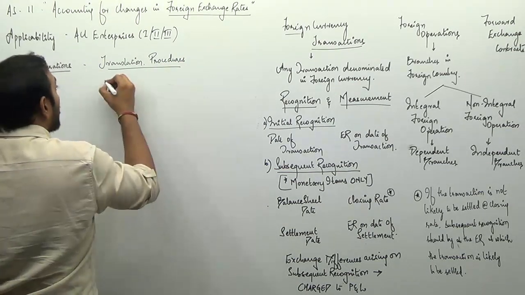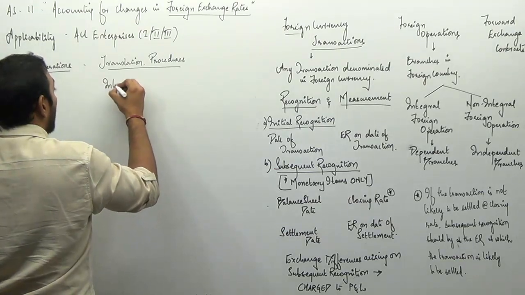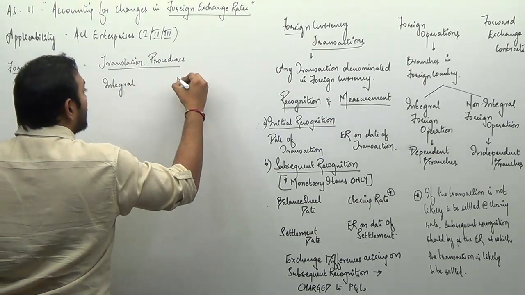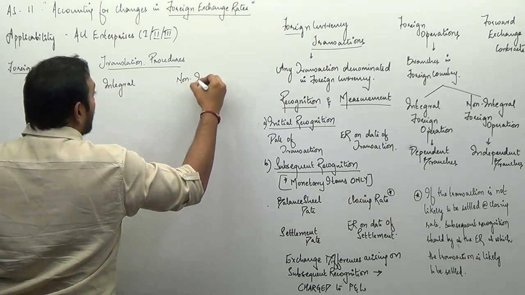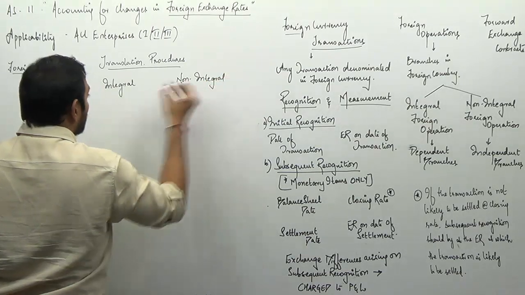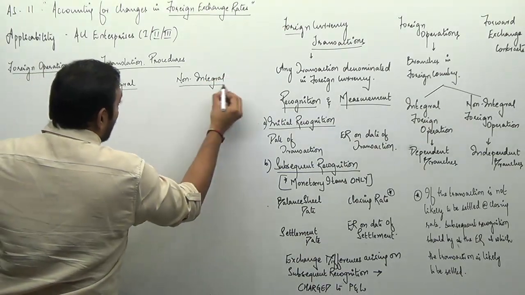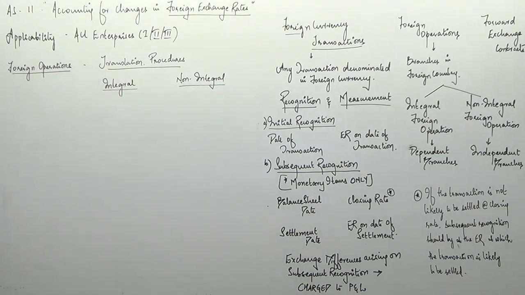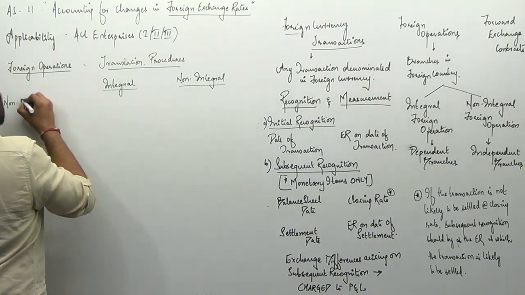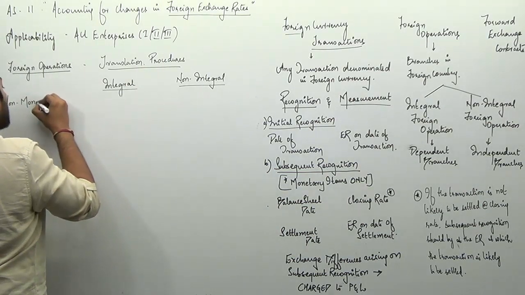Let's try to put both the columns. Integral foreign operation, non-integral foreign operation. What are we here to translate? We are translating the trial balance which is prepared by the foreign branch. Trial balance, we know the classification. All real accounts are called as non-monetary items.